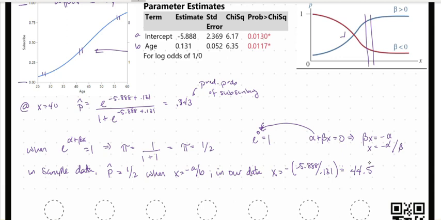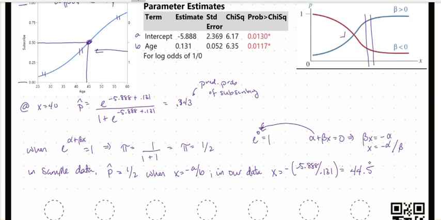So right about here, 44.5-year-olds have a 50% chance of subscribing to the paper, but they also have a 50% chance of not subscribing to the paper. That's basically our make or break point.